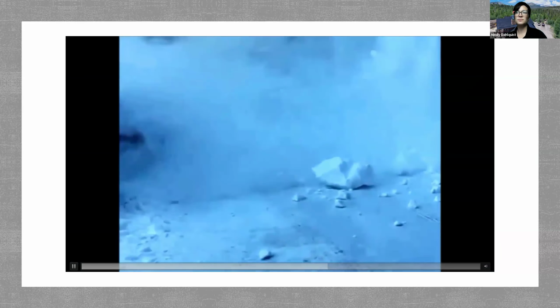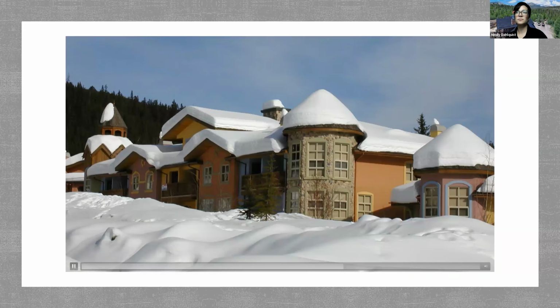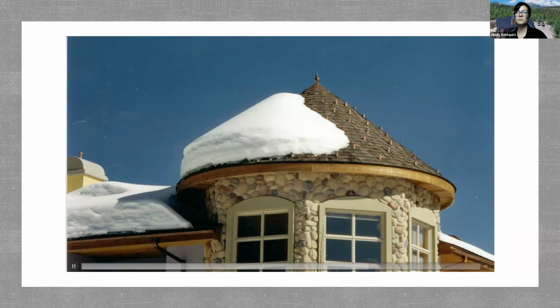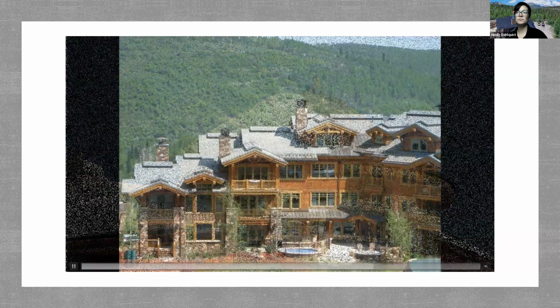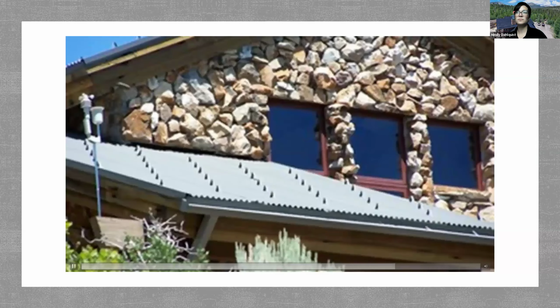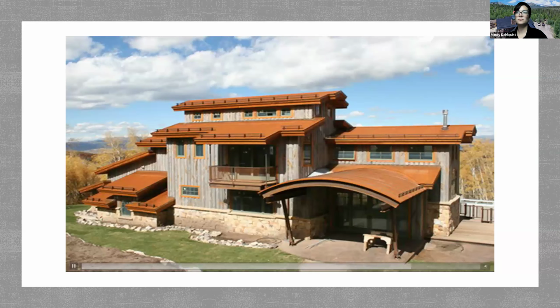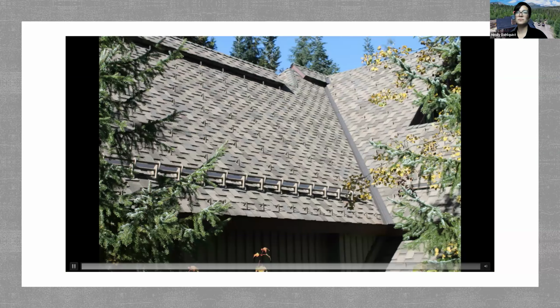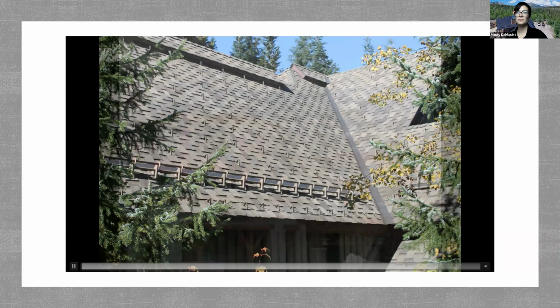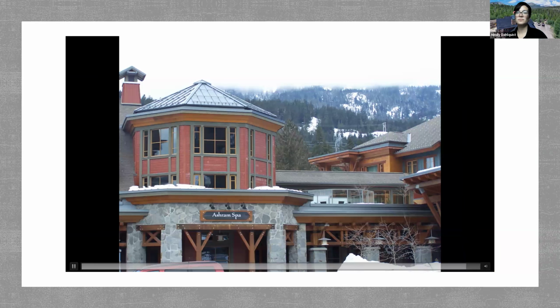Using factors unique to each building, including snow load, slope of roof, type of roofing product, sheathing type and thickness, and attachment type, will help you to create architectural masterpieces that are safe and reliable for years to come.